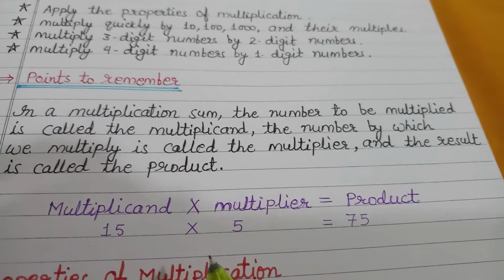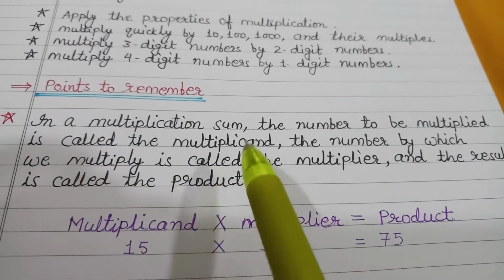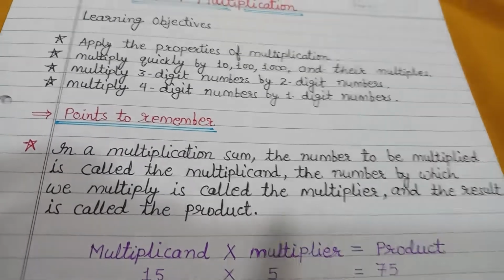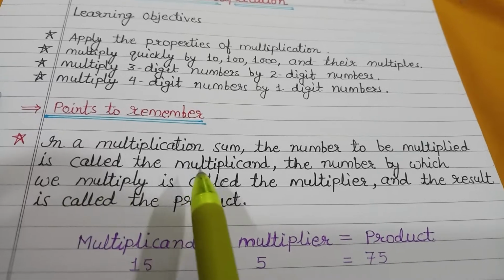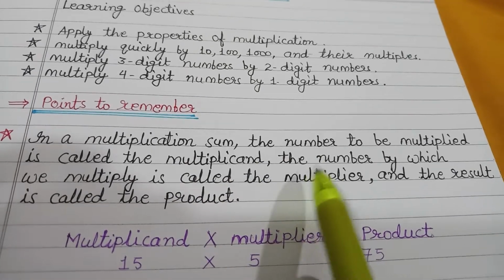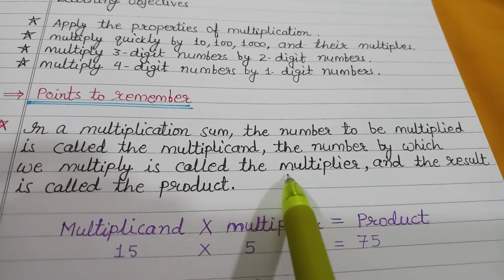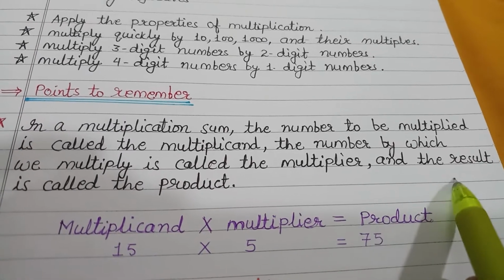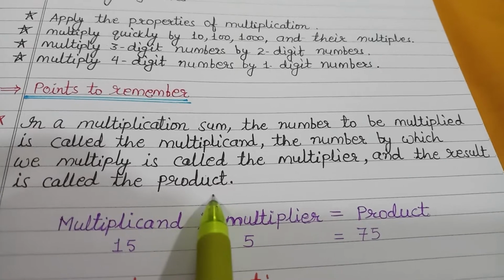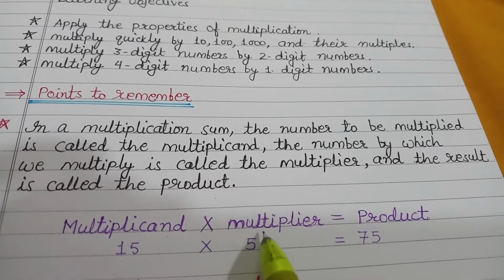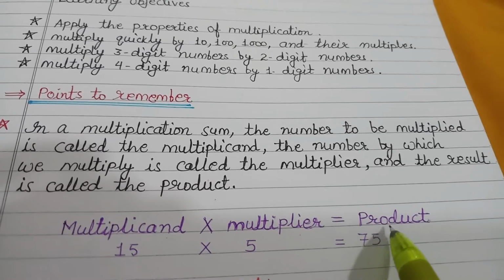So, in multiplication also, in a multiplication sum, the number to be multiplied is called the multiplicand. The number by which we multiply is called the multiplier, and the result is called the product. Multiplicand multiplied by multiplier is equal to product.